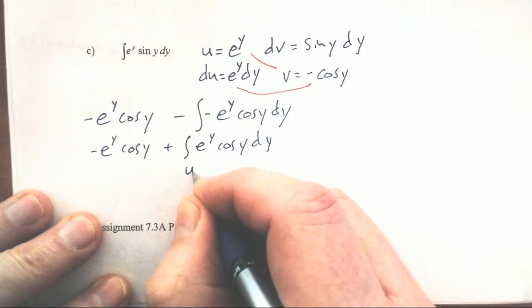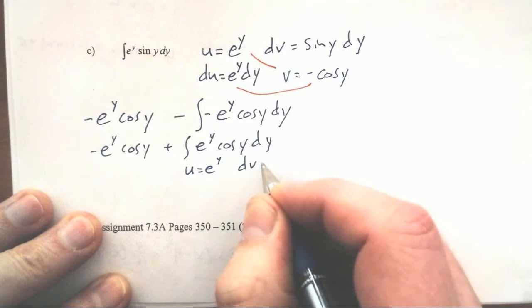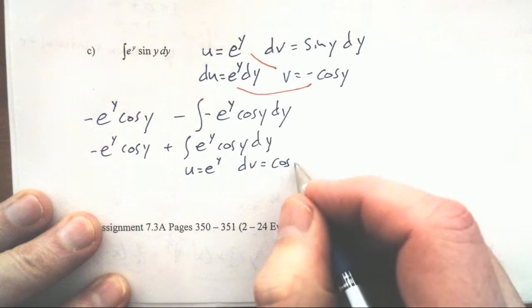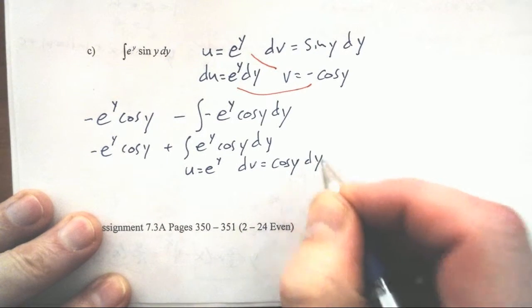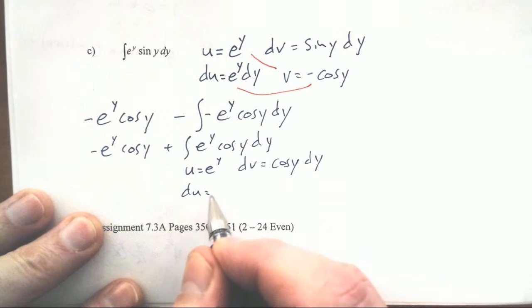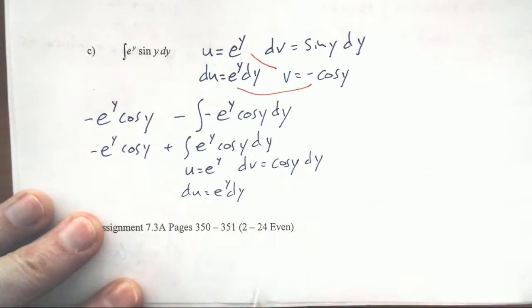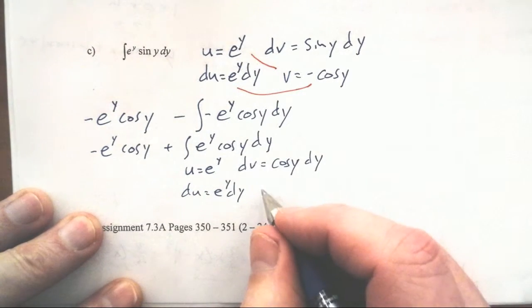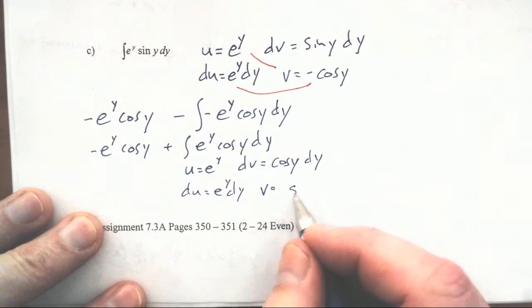I'm going to stick with my pattern. u is e to the y, dv is cosine y dy, du again is e to the y dy, same as the last case, and v, the antiderivative of cosine, wants to be sine.